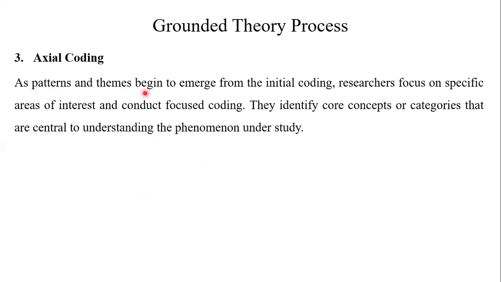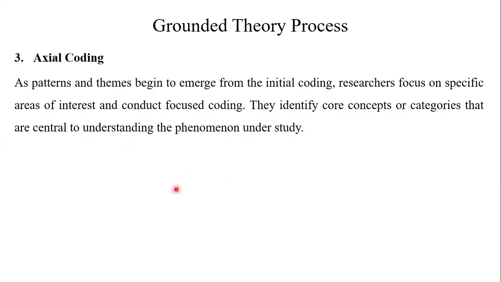As patterns and themes begin to emerge from the initial coding, the researcher focuses on specific areas of interest and conducts focused coding. They identify core concepts or categories. Basically, the focus is on categories, as they are central to understanding the phenomena under study.